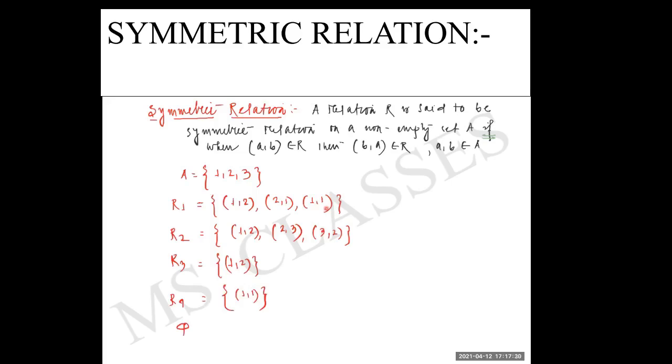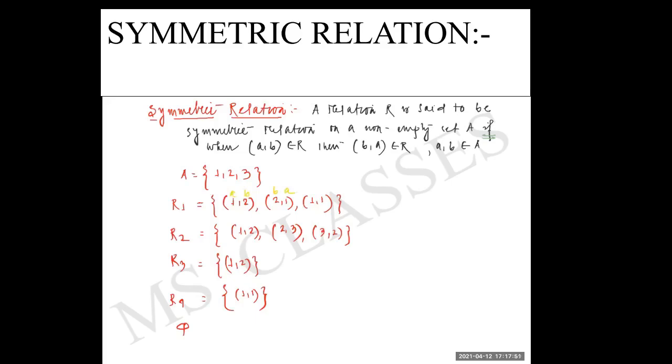First of all, this one. Is it symmetric? Obviously symmetric. Why? Here you see when you have (a, b), you have (b, a) also.